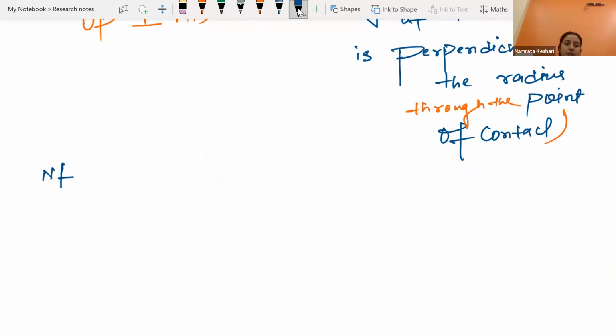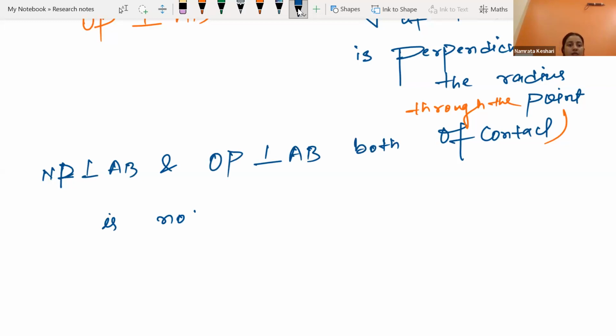NP perpendicular to AB and OP perpendicular to AB. NP and OP both are perpendiculars, which is not possible.